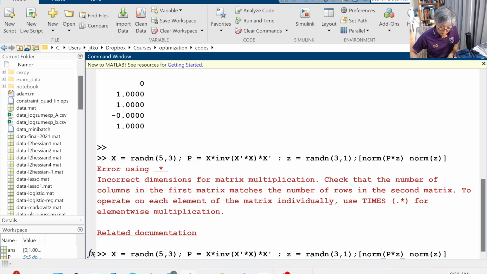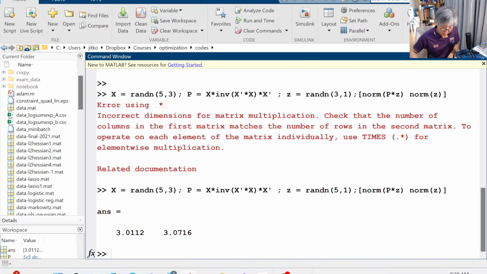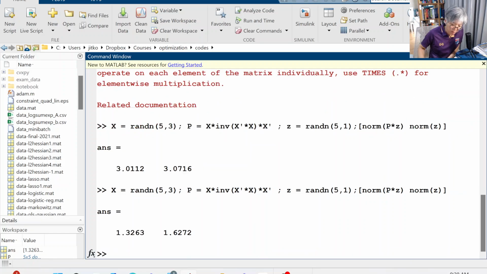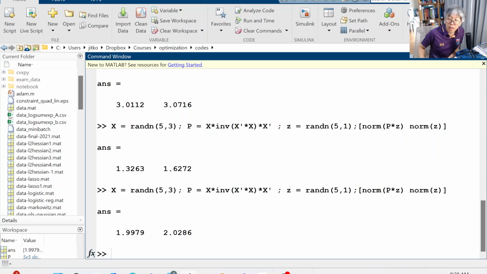Sorry, the length of z should be 5, because z will be multiplied with X transpose. So what I'm showing here is that P is bounded. The norm of Pz is always less than the norm of z. Let me randomize again, and again. The norm of Pz is always less than the norm of z.